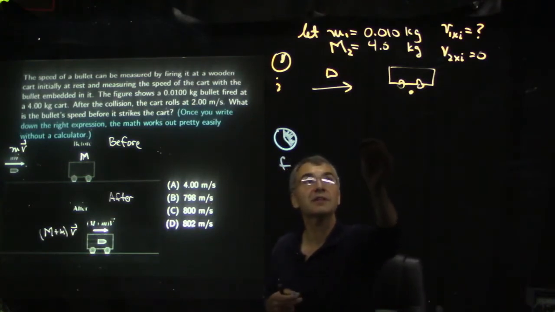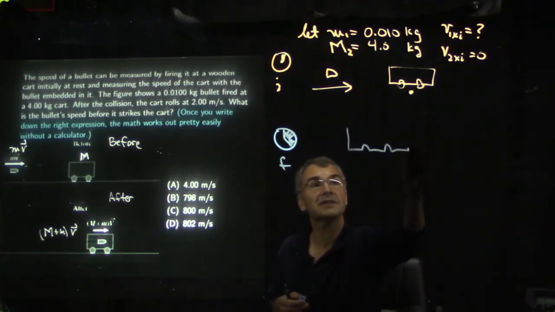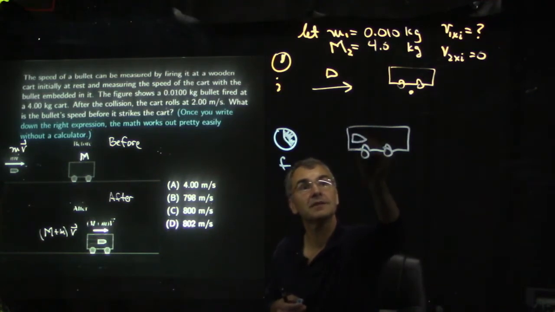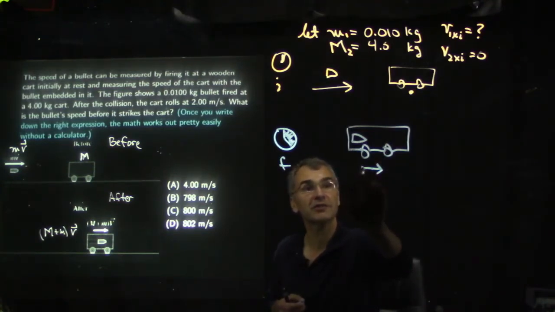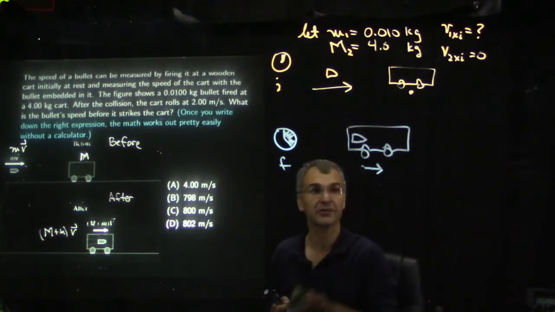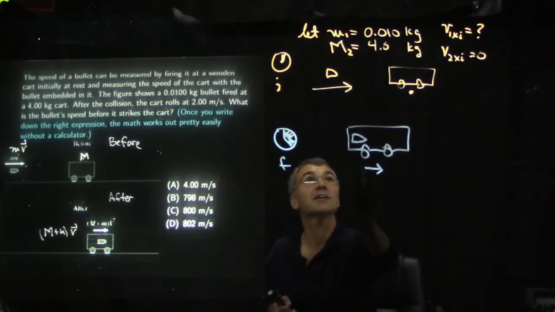And then in the final state, we have the bullet and the cart together. So here is the cart with the embedded bullet, and it seems like this speed has to be a little slower. Actually, it could be a lot slower, right? So the speed is going to be a lot slower than that initial speed because the cart is 400 times the mass of the bullet.